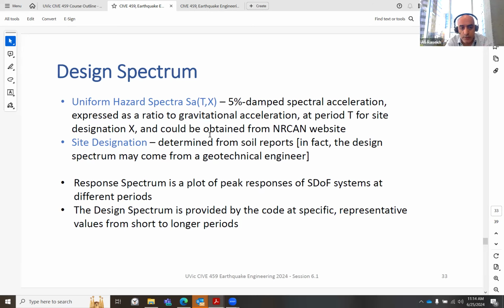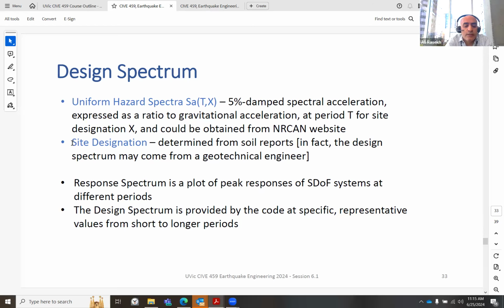It used to be like reading the design spectrum from some tables and maps in the National Building Code of Canada or ASCE 7. Nowadays, maybe they still publish those maps, but we are all lazy and we just jump onto the internet and try to read it from their corresponding websites. It has been many years that they do that.